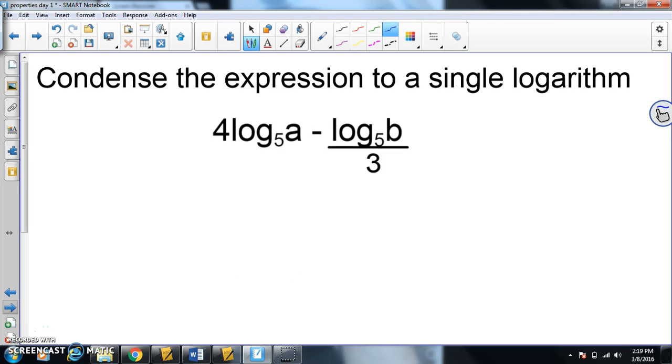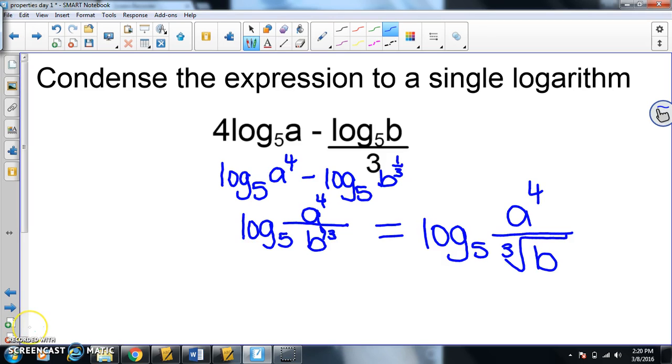Try this one on your own. We rewrite the dividing by 3 as 1/3 to get 4 log base 5 of a minus 1/3 log base 5 of b. Then we take our coefficients, move them to our exponents.